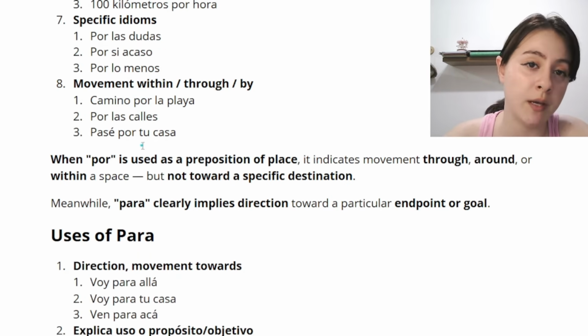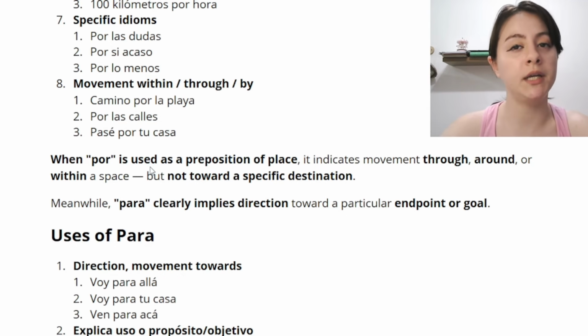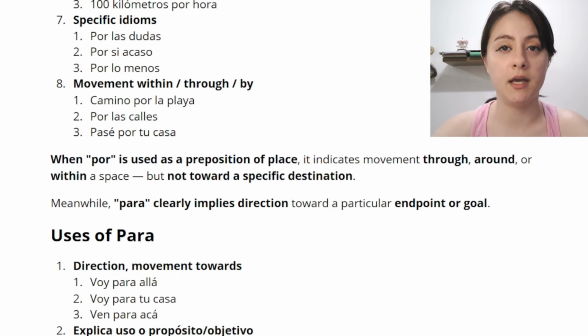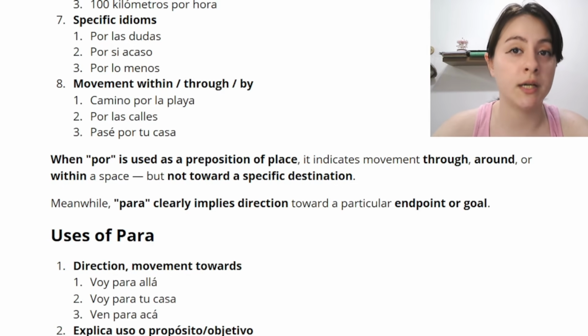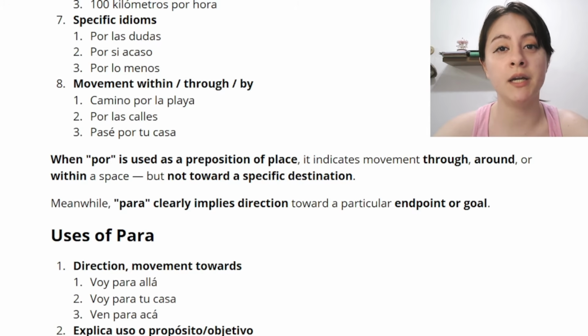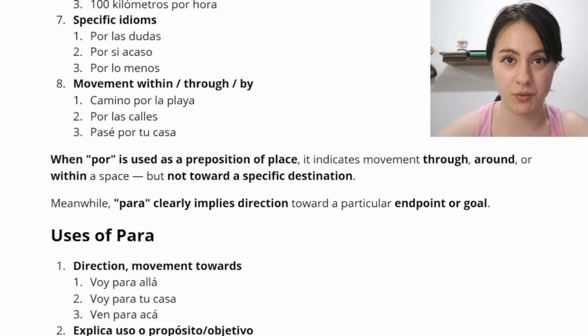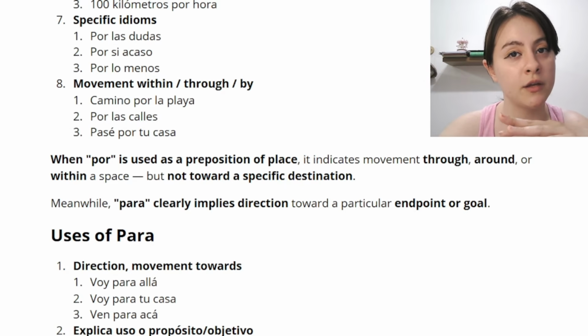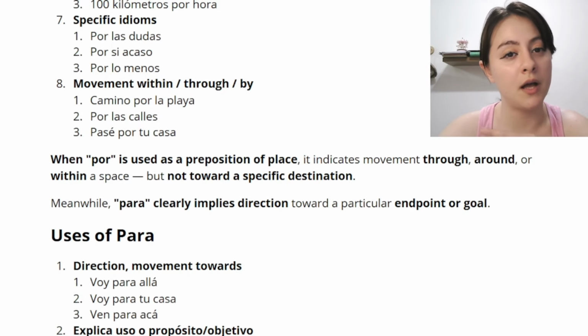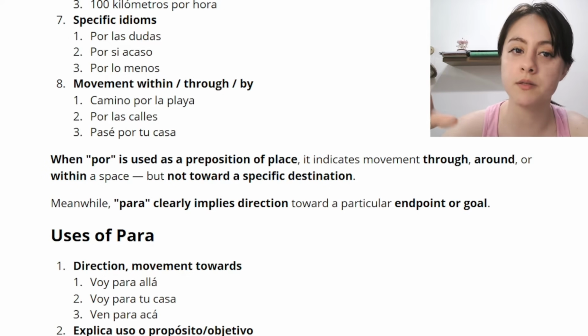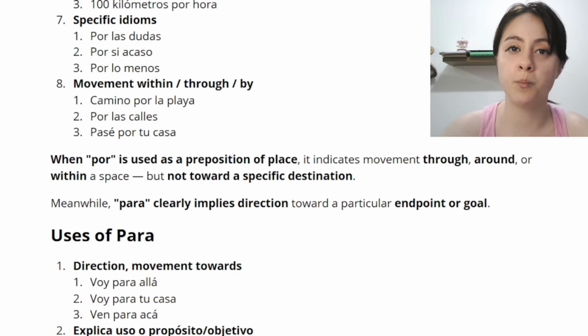This is used kind of as a warning anytime that you're going to say just in case. For example, llévate un abrigo por si acaso. Bring or take a coat whenever you're going out, just in case. Por si acaso. Por las dudas. Right? You use por in that type of phrase.